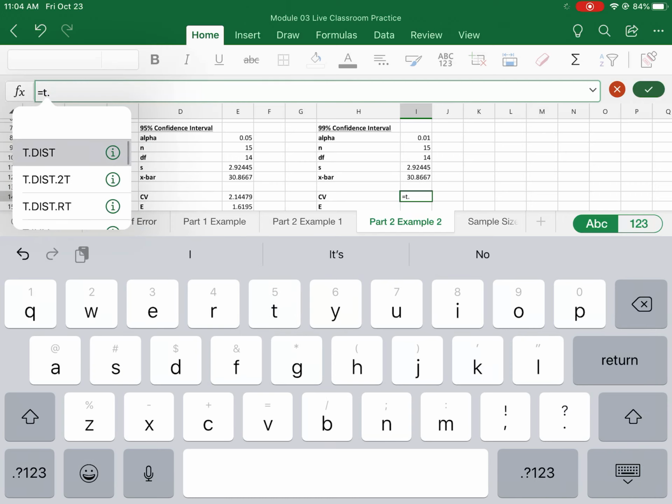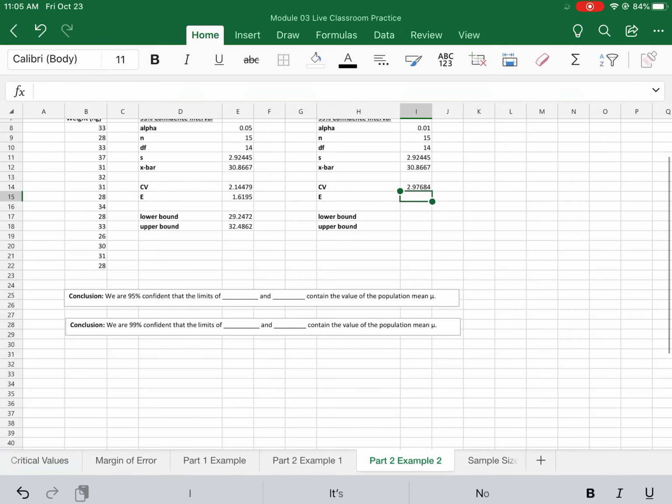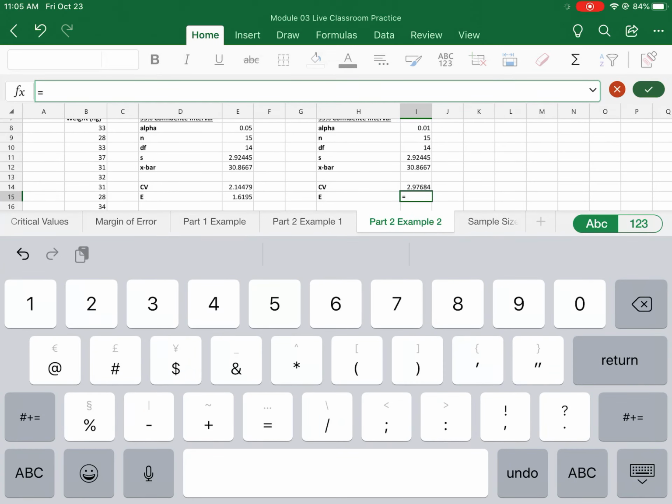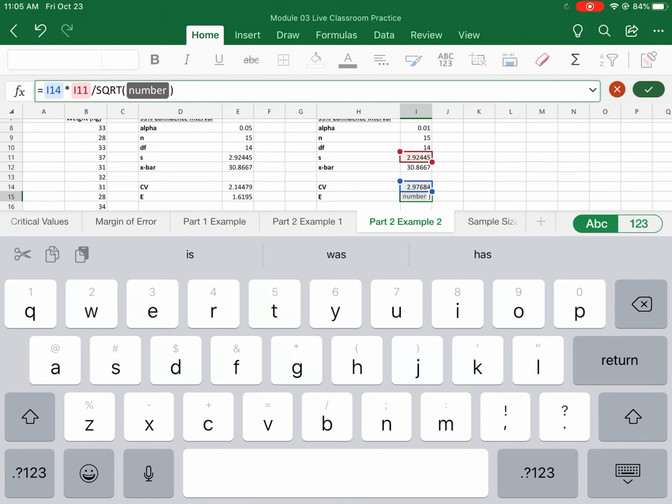Okay, now I can go ahead and calculate this. So equals T. So this is just really good practice here. So my probability is my alpha, my degrees of freedom. And then my error bound, okay, so equals my critical value times the sample standard deviation divided by the square root of my sample size.